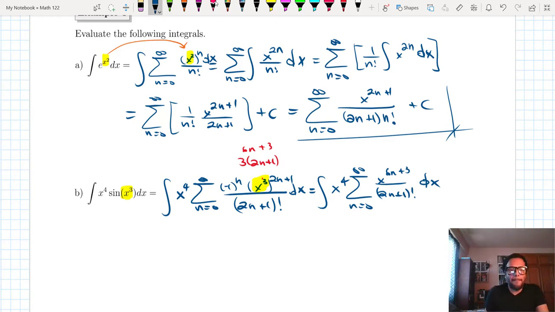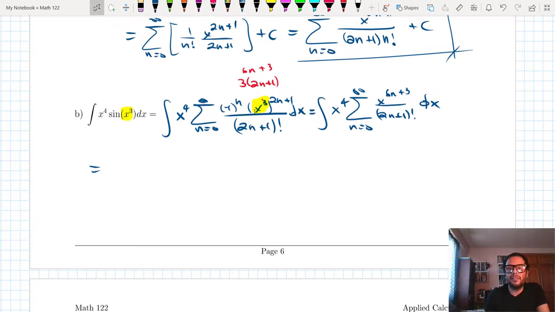So, what's next? This will be integral of, I'm going to incorporate this x to the 4th over here. And I'm going to add it with the constant 4 plus 3. Hold on, did I make a mistake on my notes?